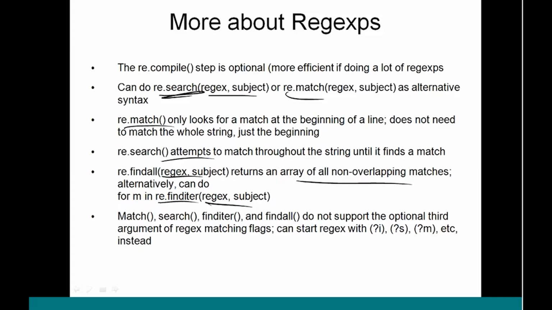Alternatively, we can use finditer with the regex and the subject. The other thing to note is that match, search, finditer, and findall do not support an optional third argument for regex matching flags. You can start the regex with (?i), (?s), (?n), etc.